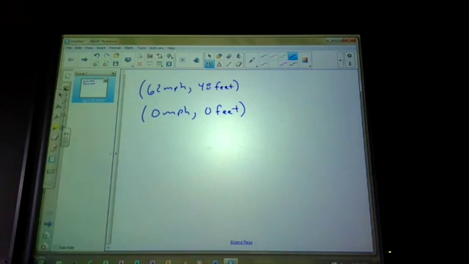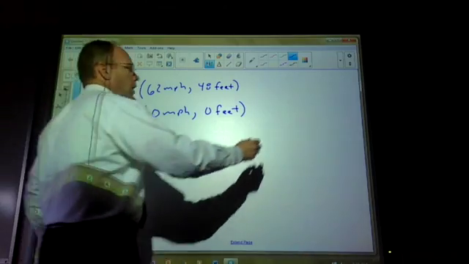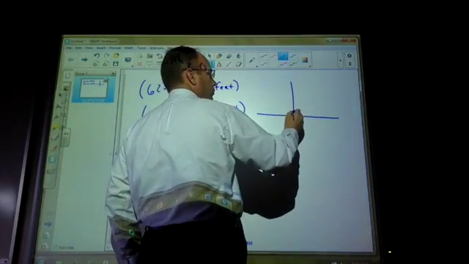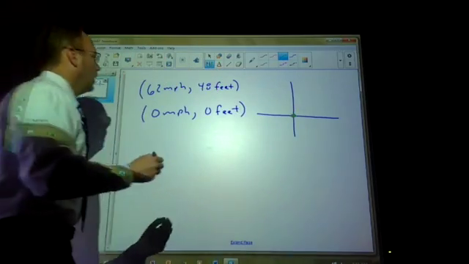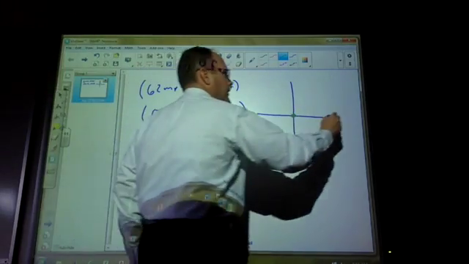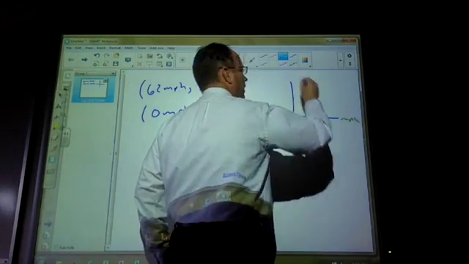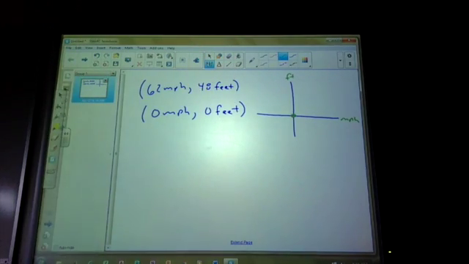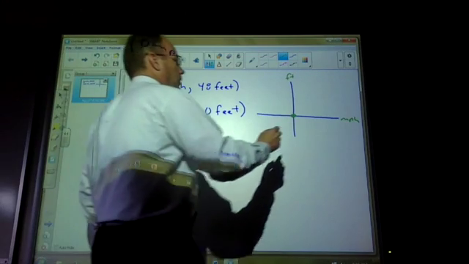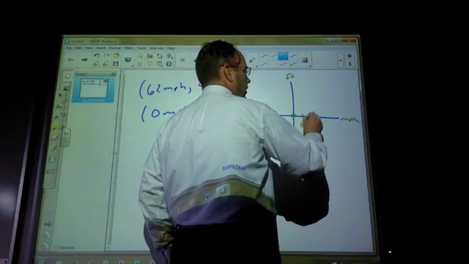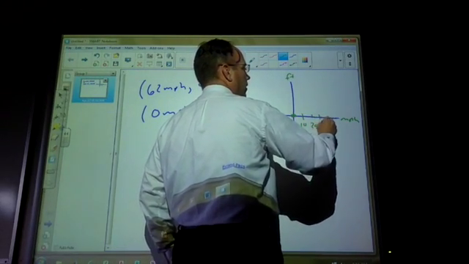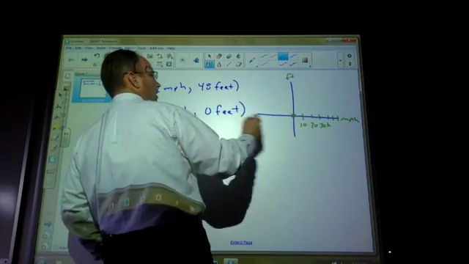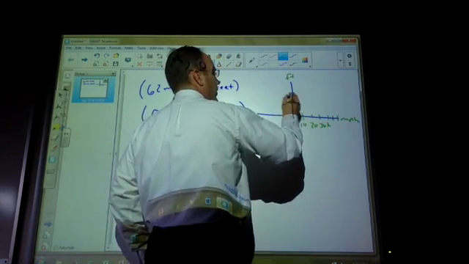Okay, so if we wanted to create a graph of it, we would have 0, 0, and we could label this miles per hour, and this feet, and this represents braking distance, okay? And at 62 miles per hour, so let's say we went 10, 20, 30, 40, 50, 60, and 48 feet.